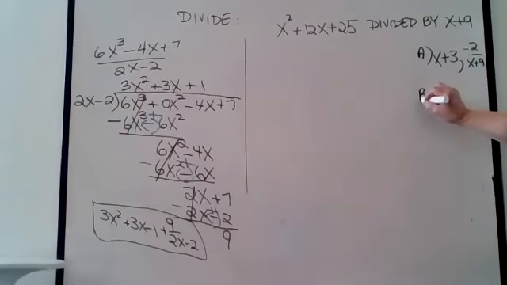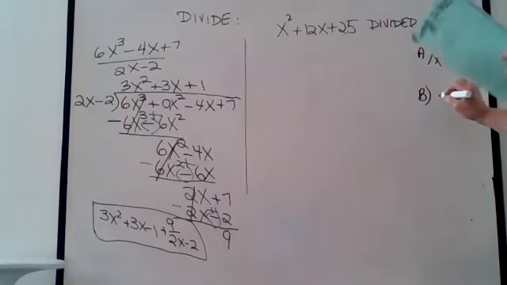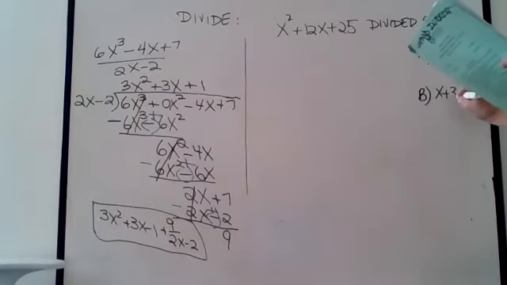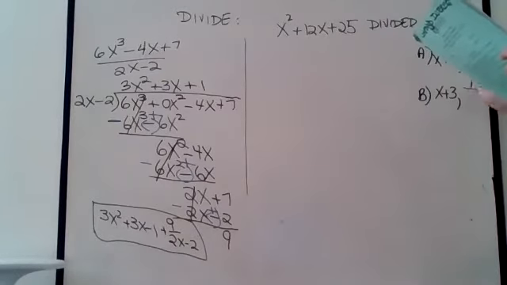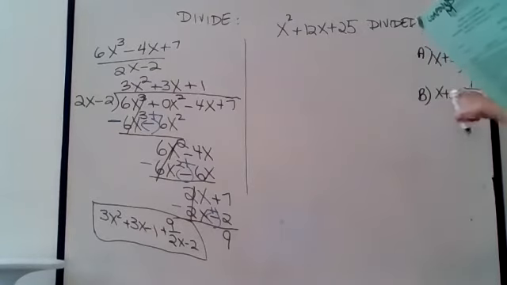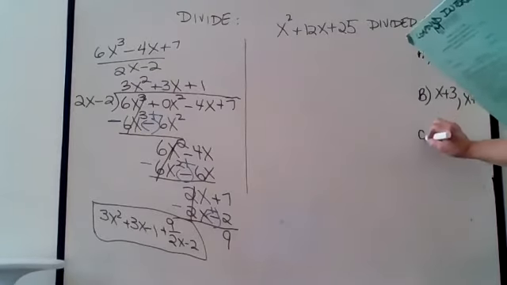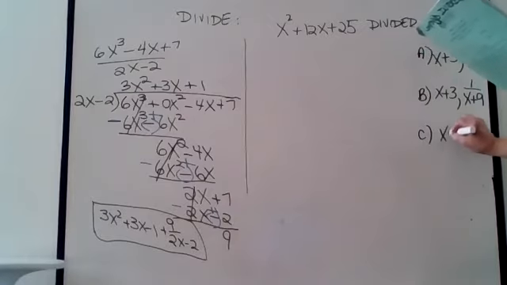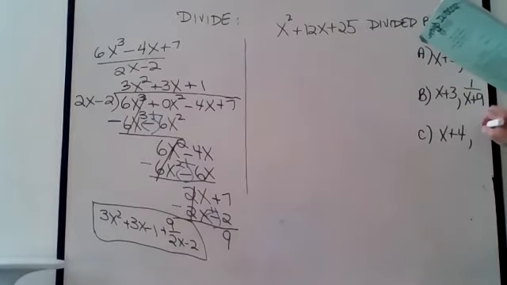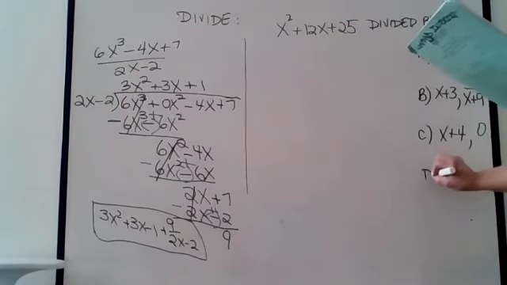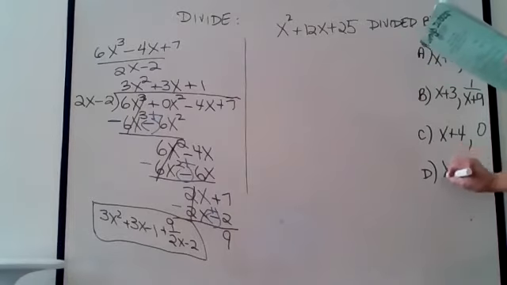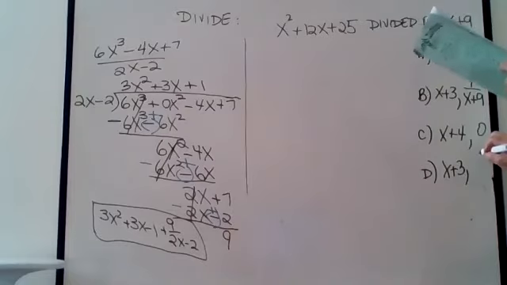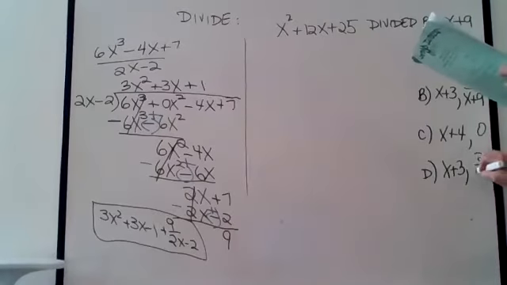So that was choice A. Choice B was x plus 3 and 1 over x plus 9. Here's the answer. Here's your remainder. Choice C was x plus 4, comma 0. And choice D is x plus 3 with remainder 2 over x plus 9.